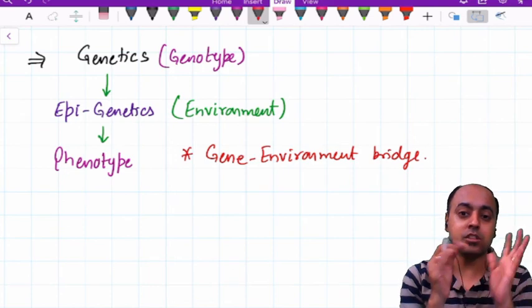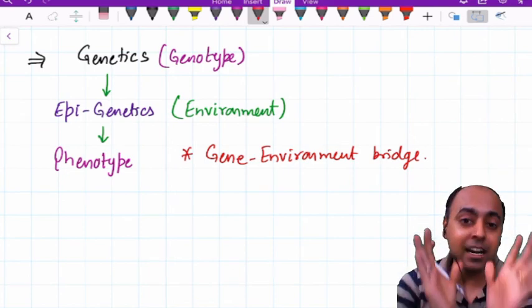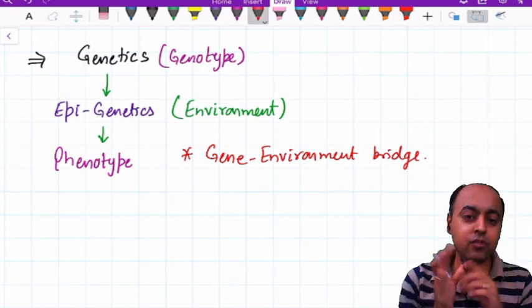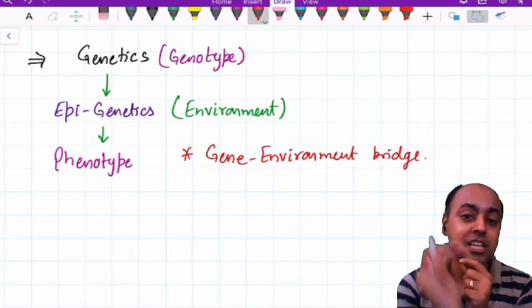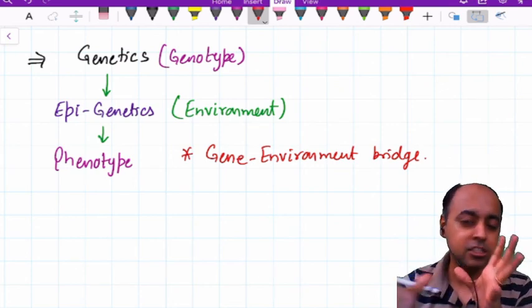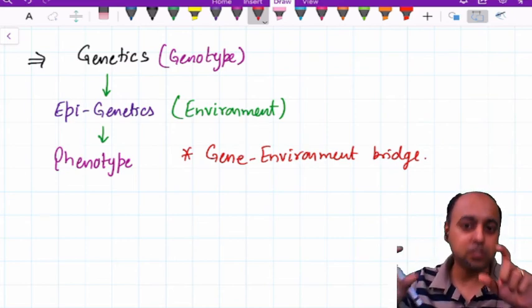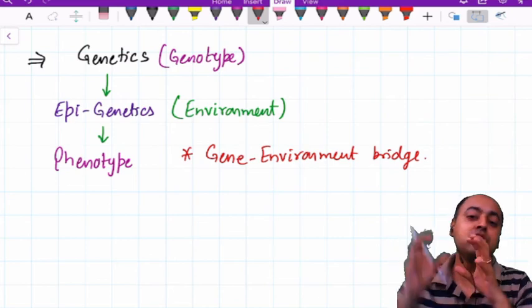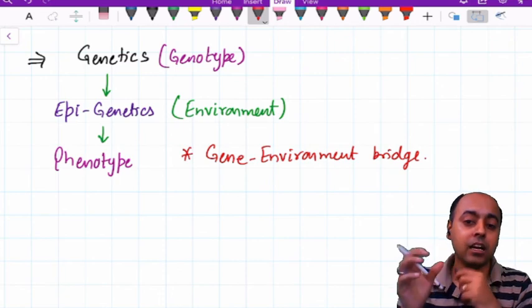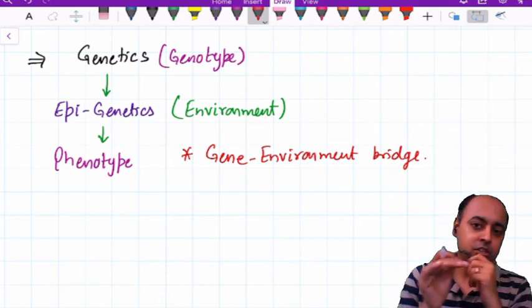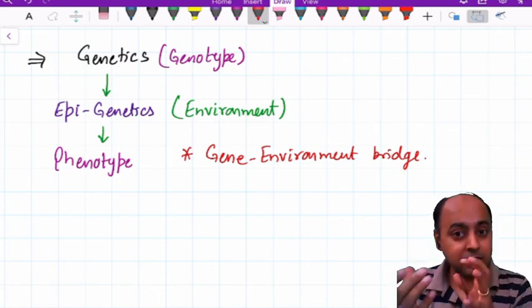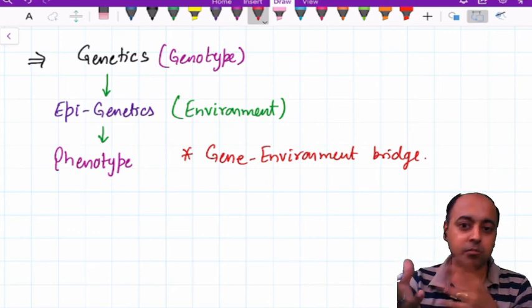In the monozygotic twins, the genetic sequence is exactly the same. So even if we are talking about a polygenic disease, when we have two specimens where exactly the same genes are there, then a disease which is affected by multiple genes should occur simultaneously because the genes are same.